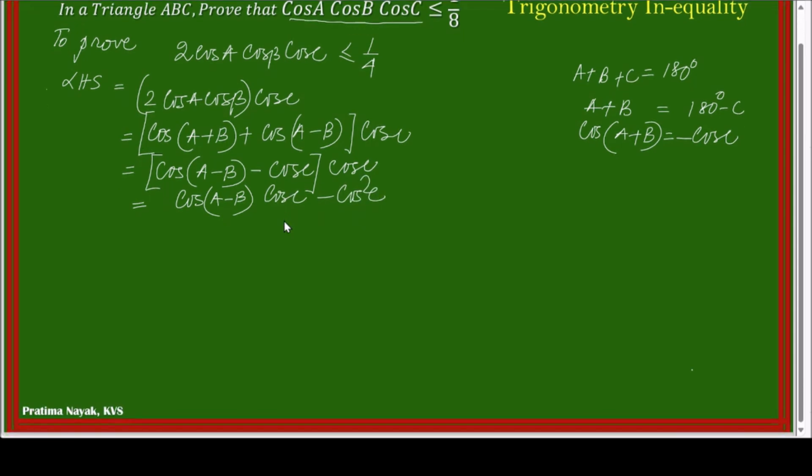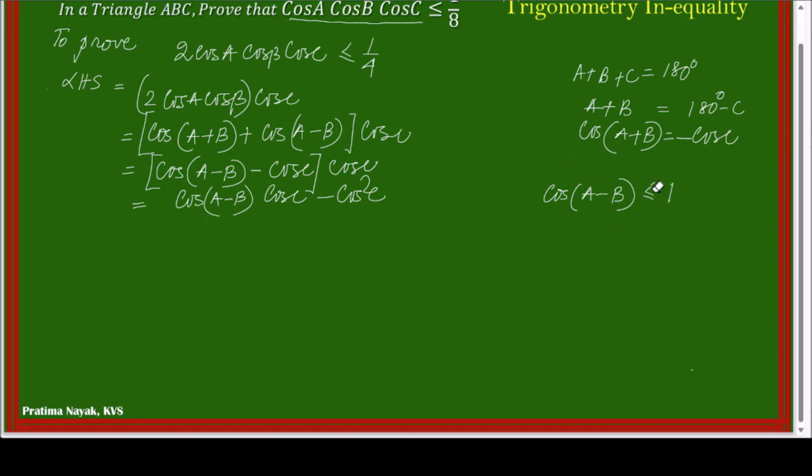Now taking the inequality, what is it? We know that for any acute angles A, B, cos (A minus B) is less than or equal to 1. If A is equal to B, then it equals 1, otherwise it is less than 1.